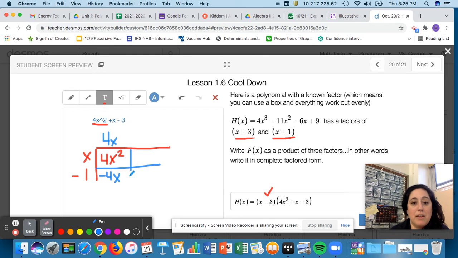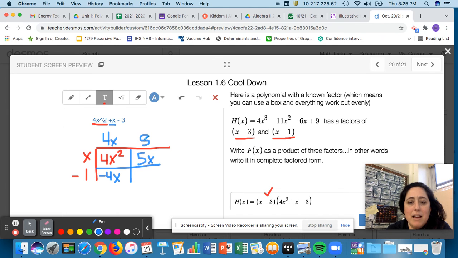All right, so how many x's do I want? I want just one, and I want it to be positive. So here I'm going to do plus 5x, because negative 4x plus 5x would give me a positive 1x, or positive x. All right, so now x times 5 would give me 5x, okay?